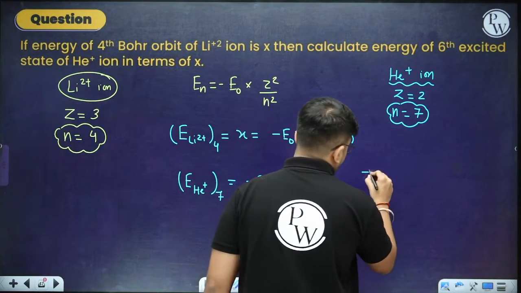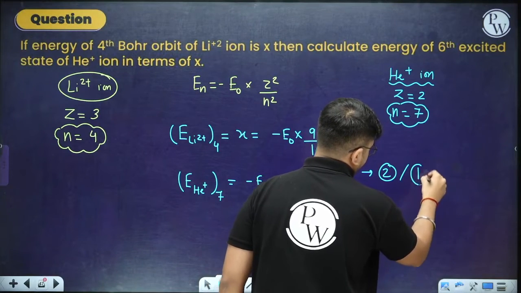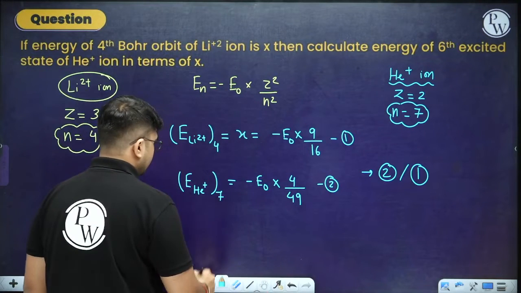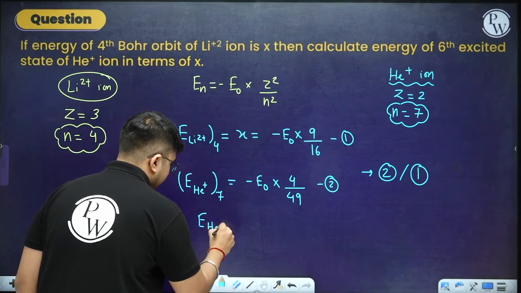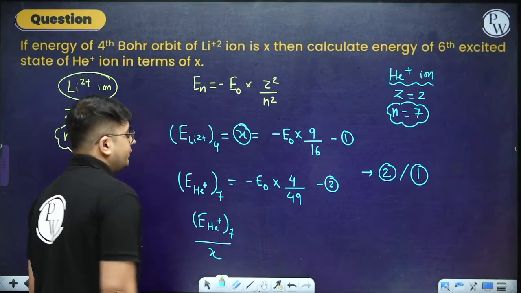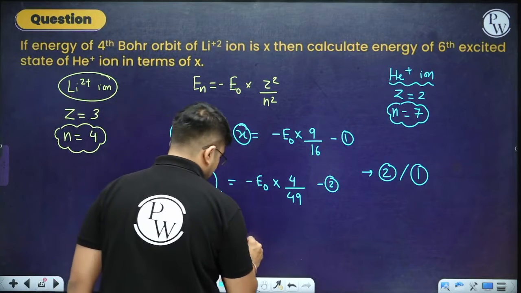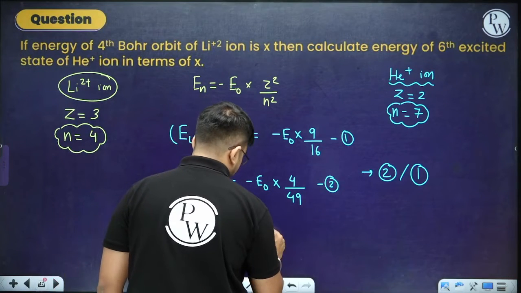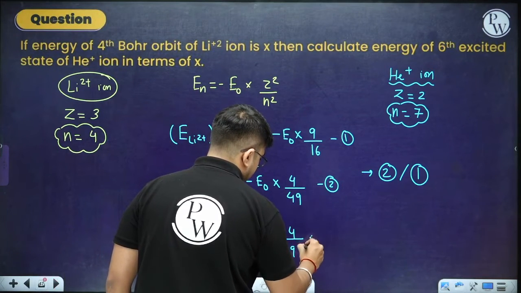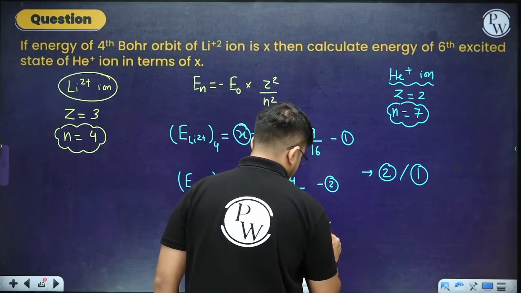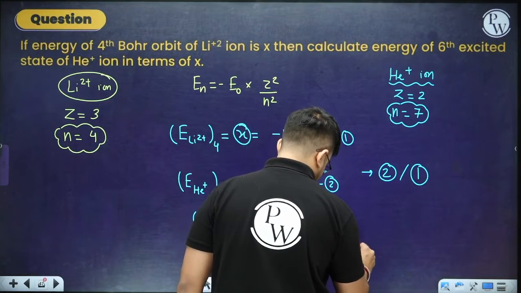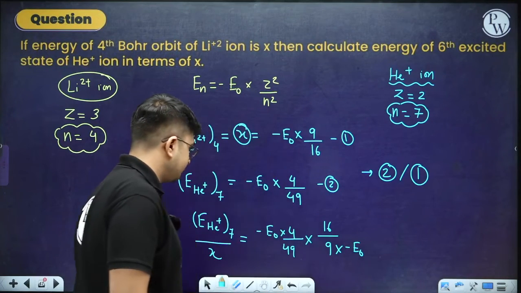So I am doing equation number 2 divided by equation number 1. If you divide these two, we have the energy of He positive ion in its seventh orbit divided by X, because this value is already given as X. So that will be minus E naught multiplied by 4 by 49, multiplied by 16 upon 9, multiplied by minus E naught.